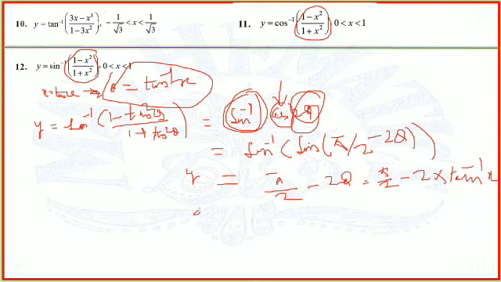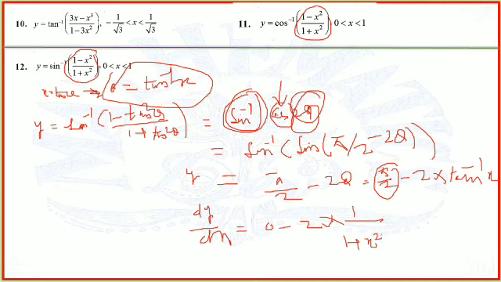So differentiating with respect to x, we get dy upon dx is equal to the differentiation of pi by 2, which is 0, and minus 2 into differentiation of tan inverse x, which is 1 upon 1 plus x square, which is equal to minus 2 upon 1 plus x square. That's all about question number 12.